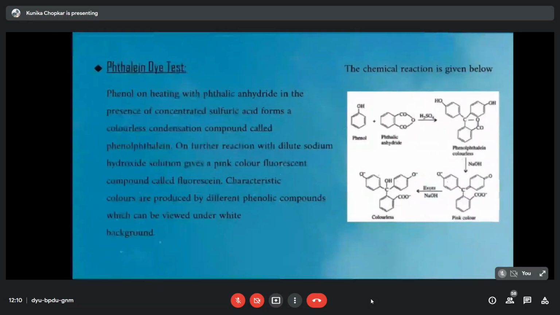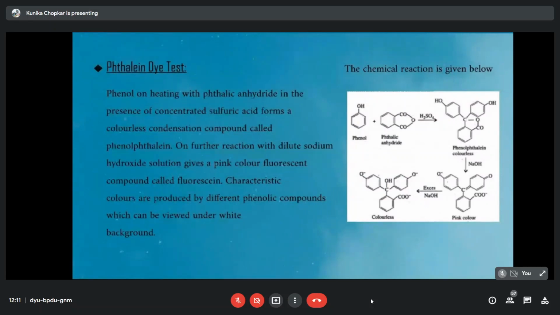The next test is phthalein dye test. Phenol on heating with phthalic anhydride in the presence of concentrated sulfuric acid forms a colorless condensation compound called phenolphthalein. On further reaction, the dilute sodium hydroxide solution gives a pink color fluorescent compound called fluorescein.